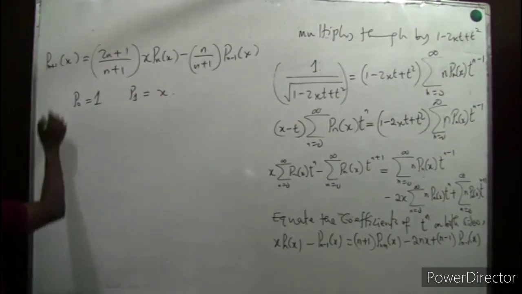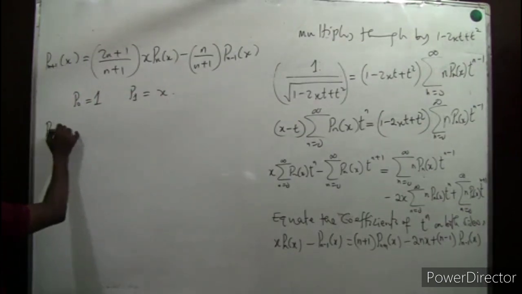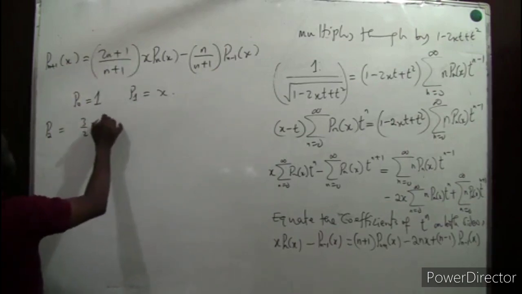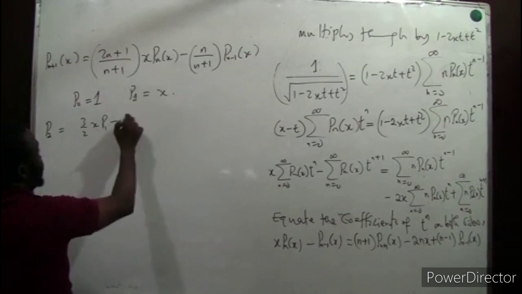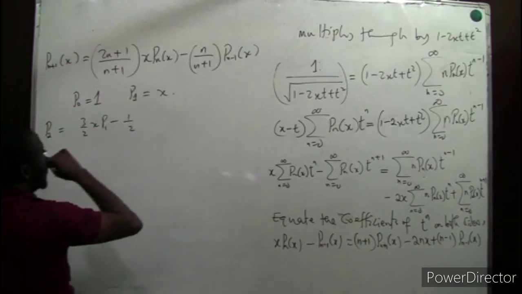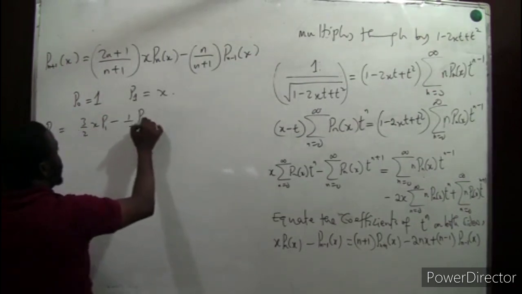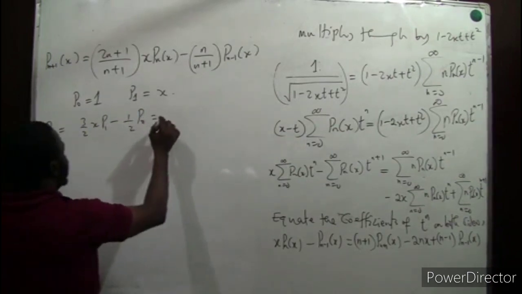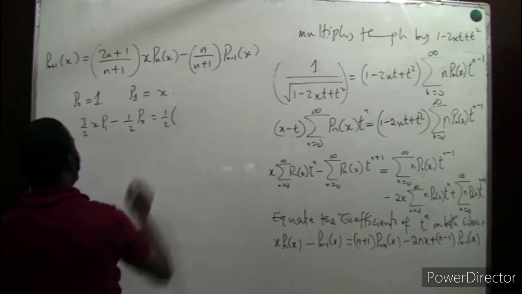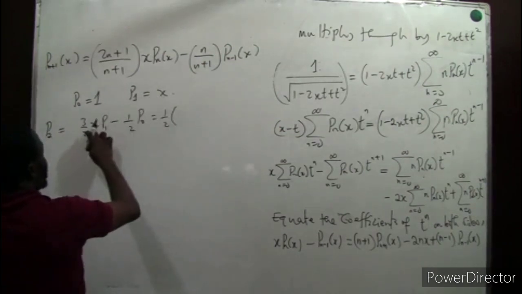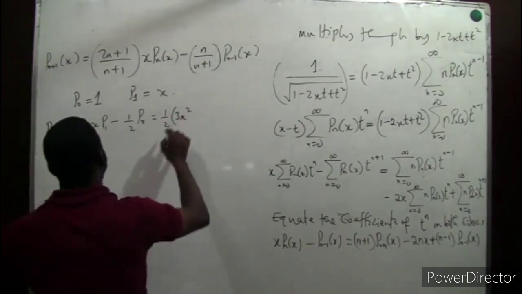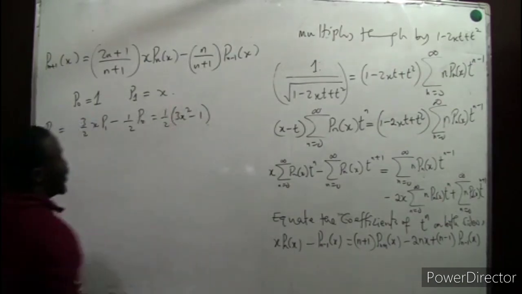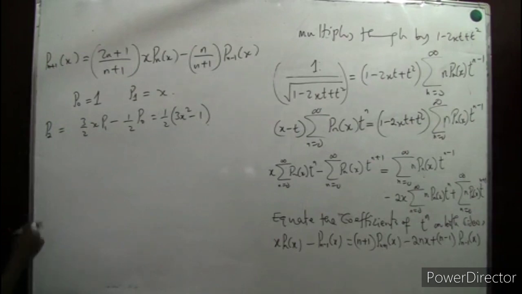Now put n equals 1 here, we are going to have P2 equals 3 over 2 x P1 minus 1 over 2 P naught. Substitute for P1 and P naught. We have 1 over 2 as a common factor, then x multiplied gives us 3x squared minus 1. And that's the same thing with what we generated earlier on.